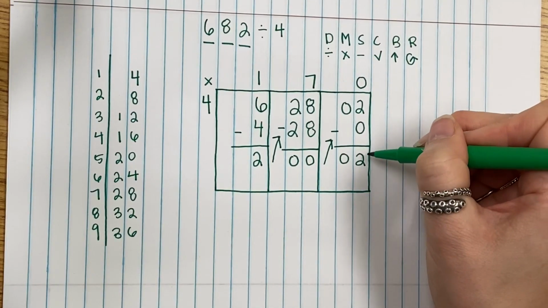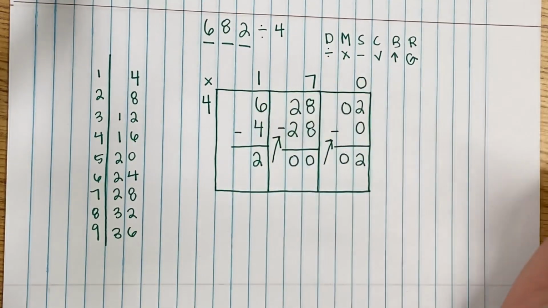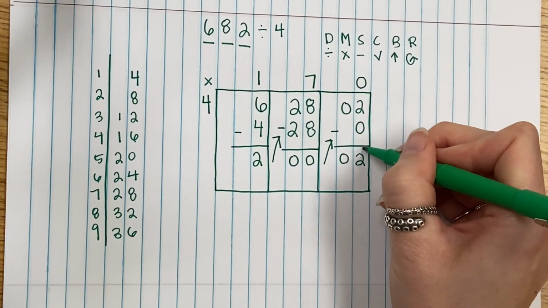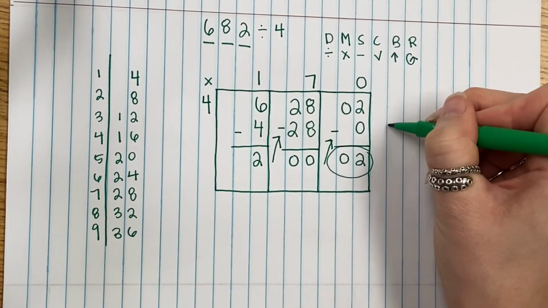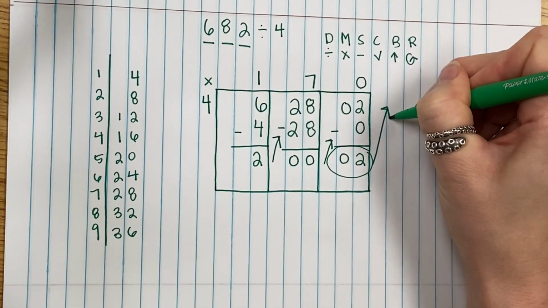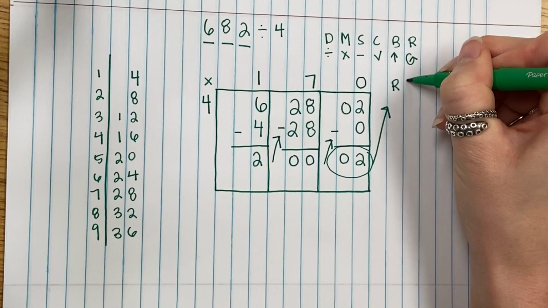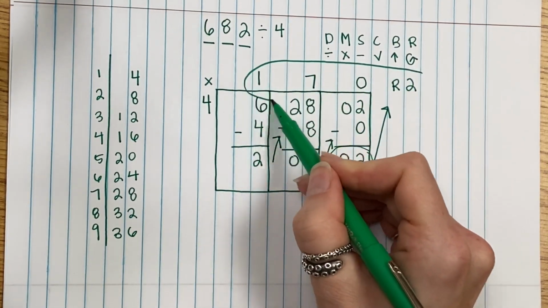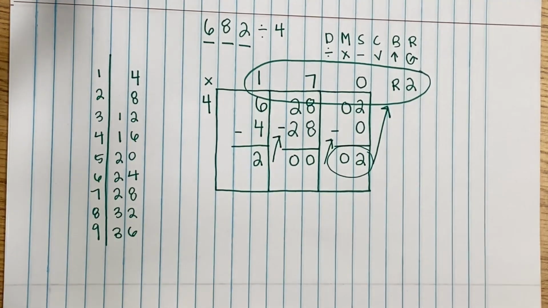So I'm going to ask myself, is my remainder smaller than my divisor? Yes. So I've completed my steps correctly, but because I have no more boxes to bring that digit up to, that is going to be my remainder. So I'm going to bring it up, put it at the end of my quotient. So my quotient is 170 with a remainder of 2.